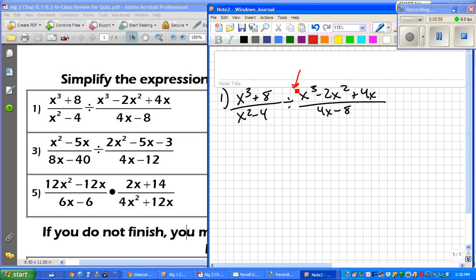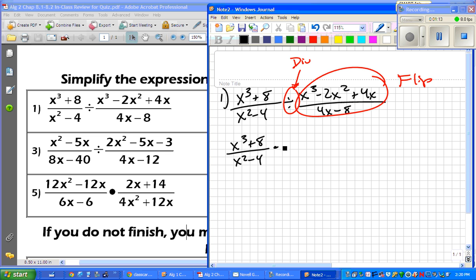Now, the first thing I notice is that this is division, and so I have to flip. Okay? So we have x cubed plus 8 over x squared minus 4. We change it to times, and the 4x minus 8 comes on top, and x cubed minus 2x squared plus 4x.